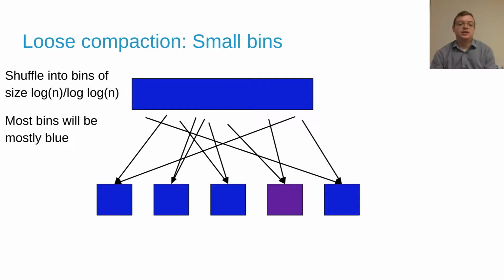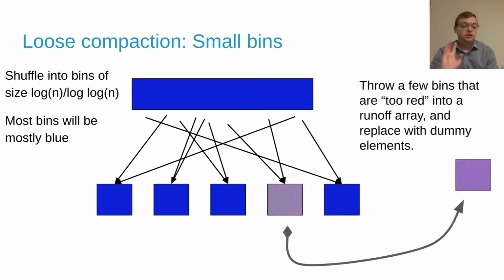More precisely, you can say that most of these bins are going to have the density of red elements close to the density above. You can bound it by some constant. For the bins that are too red, you just get rid of them. Put them into a runoff array and deal with them later. So now we have mostly blue or entirely dummy elements.